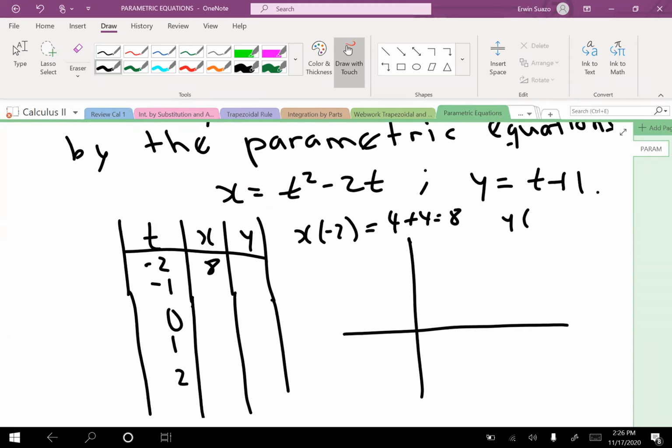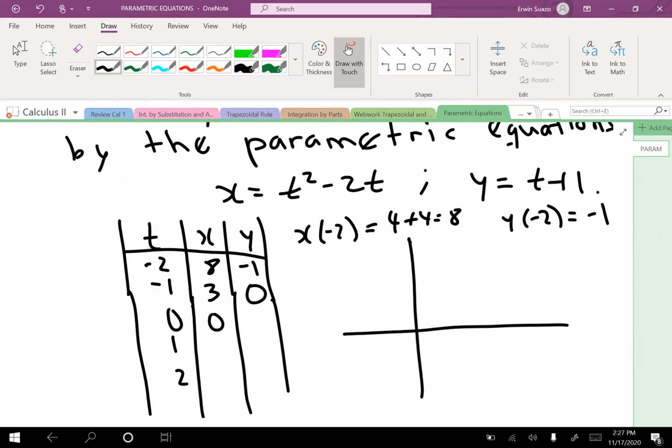Yes, okay. So what is y of -2? -1. So what is x of -1? 3. What is y of -1? 0. So what is x of 0? 0.